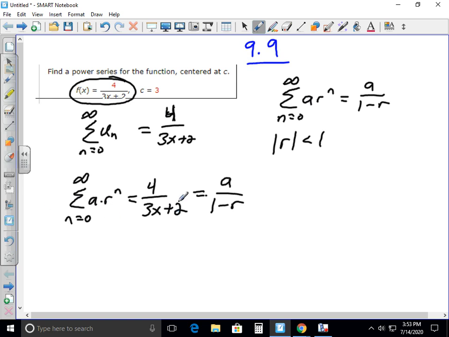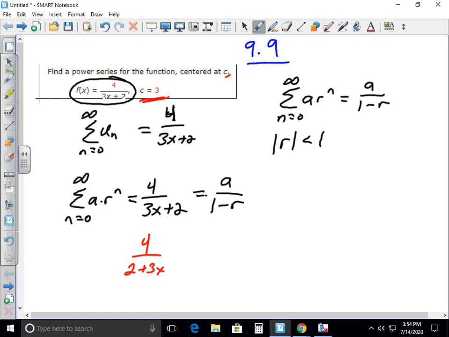So the trick is going to be to rewrite this in this format, and we are centered at x equals 3, meaning that's the center of our interval of convergence. So to make these look alike, we have to notice that on bottom we have a 1 minus some stuff. 1 is a constant, so it would help us if we started by putting our constant first and then our other term.